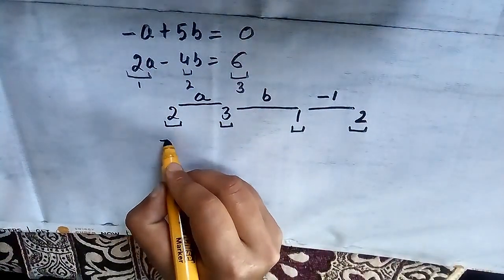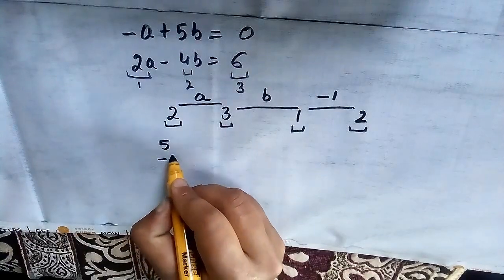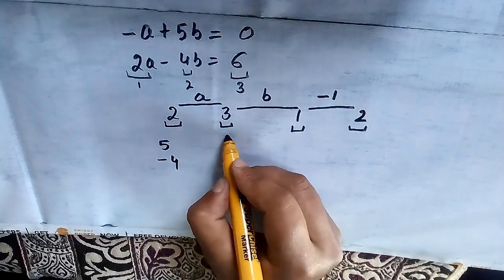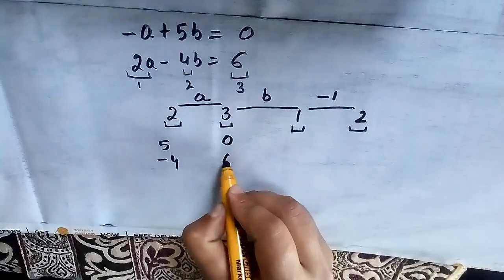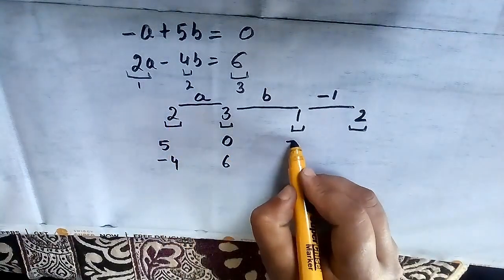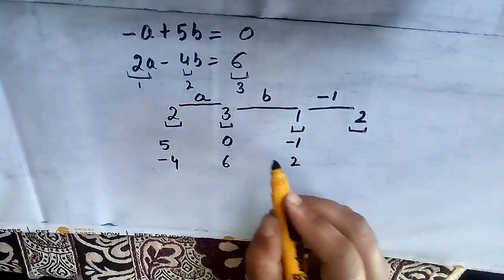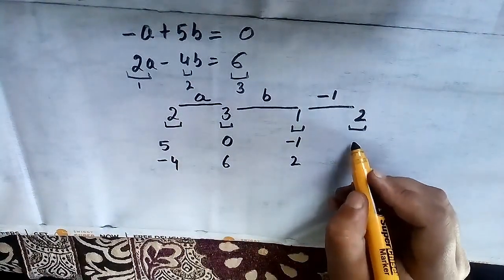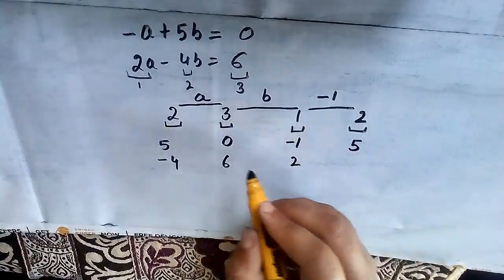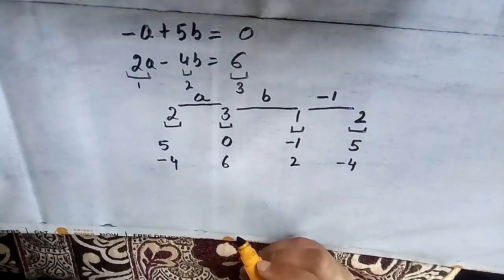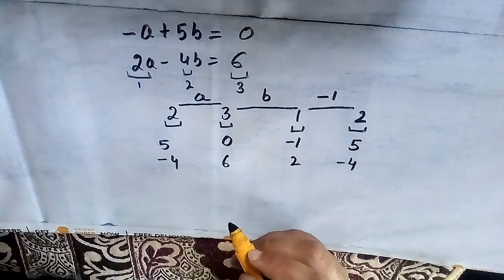So under 2 you have to write coefficients of b, that is 5 and minus 4. Under 3 constant terms, these are 0 and 6. Under 1 minus 1 and 2, these are coefficients of a, and repeat 2 again. This was 5 and minus 4.